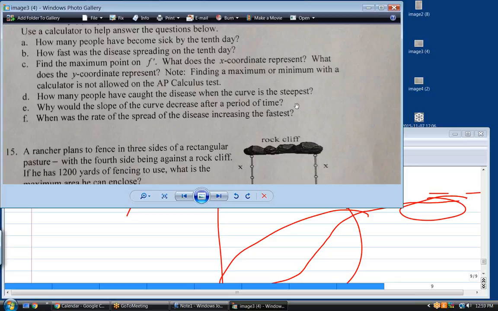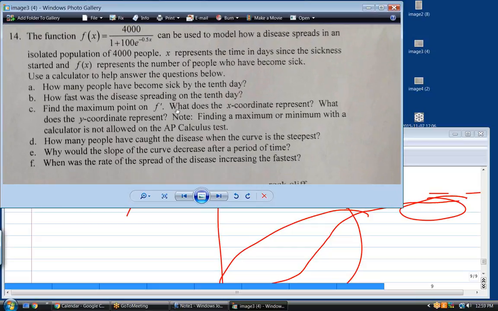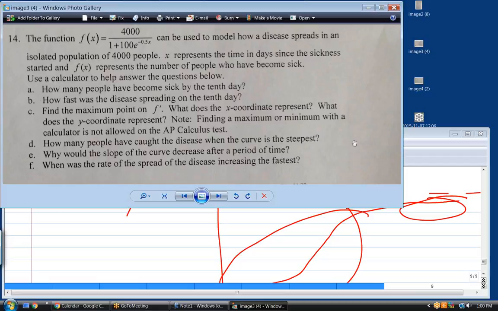What would you say? Just because as the number of people, in other words, there's only an isolated population of 4,000, right? So you can't have any more than 4,000 people get sick.